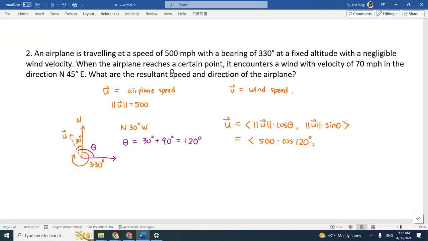Right, everybody? And the y component, 500 times sine theta. Okay. Put this in your calculator. What do you get? Give me 4 decimal places.